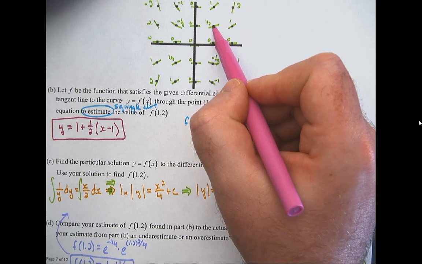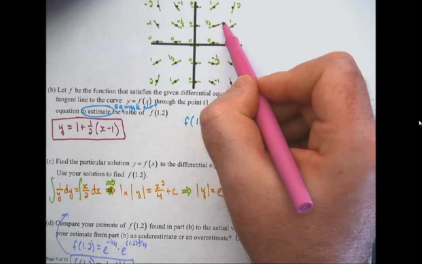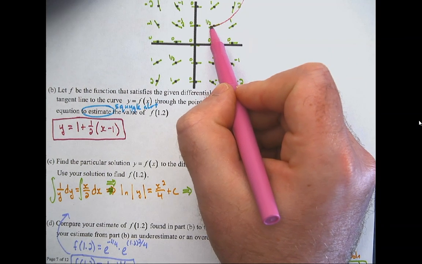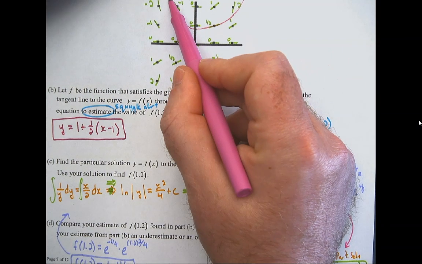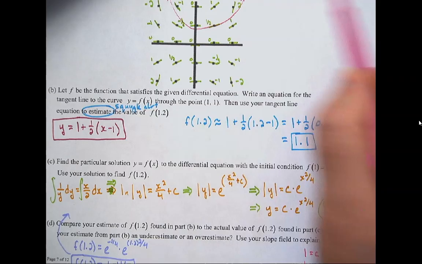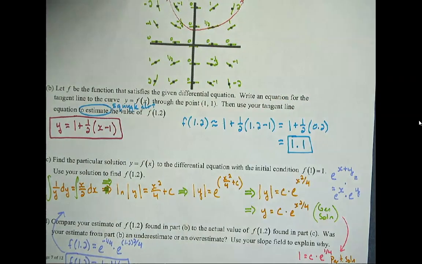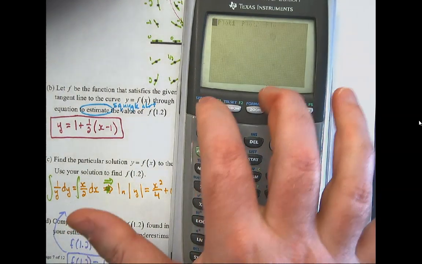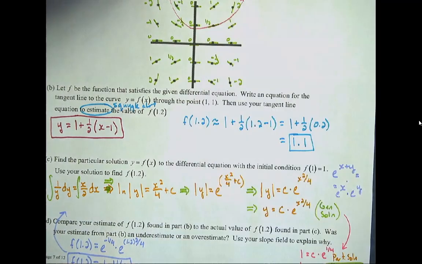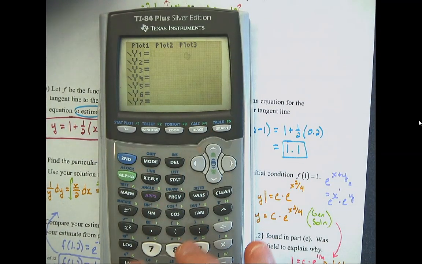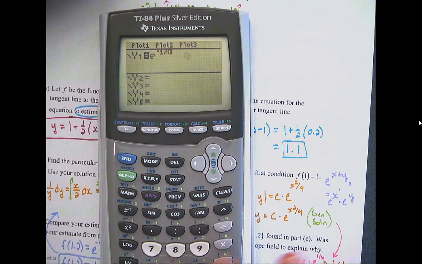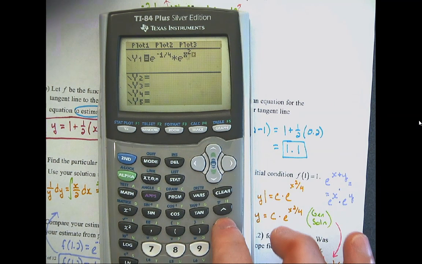Maybe something like that. I'm going to graph it on here to see what it actually looks like. So e to the negative 1/4 times e to the x squared over 4.